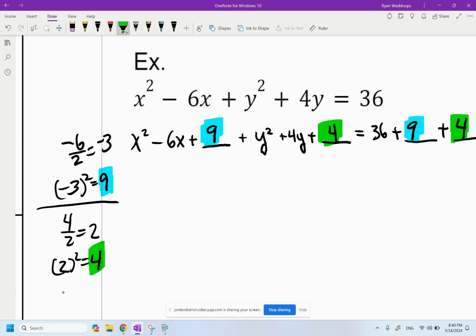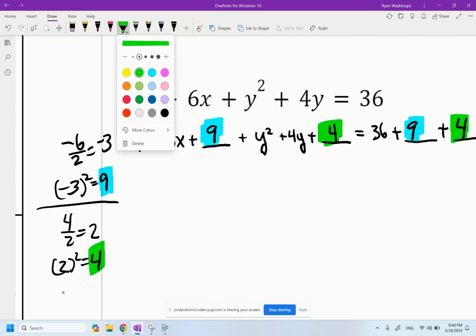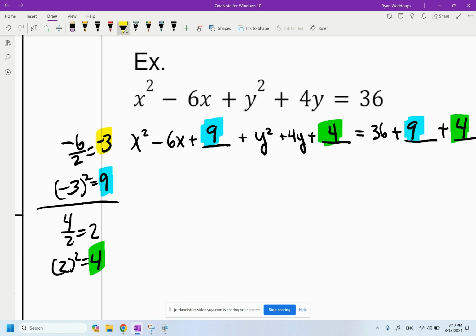Well, now I'm going to take this minus 3 and this 2, and I'm going to use that to put these in factored form in both of these instances.